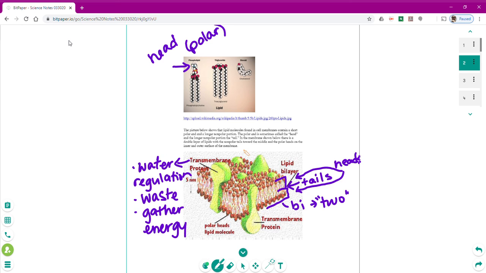So these are like the little channels in and out of the cell itself, okay? So anytime that something has to come into or go out from the cell, it's going to go through these lipid bilayers, and it's going to have a specialized channel that allows it to do that.